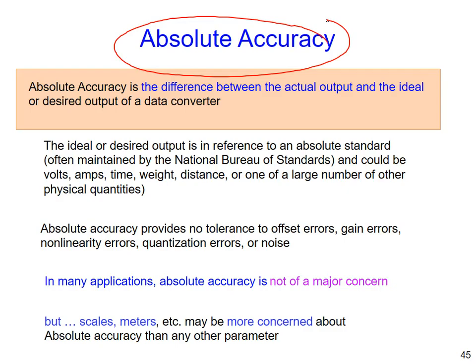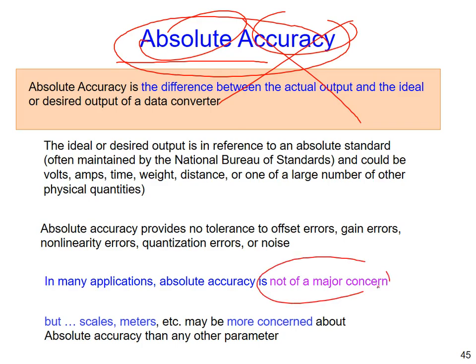So it means you will get a lot of problems with such absolute accuracy. New designers always hope that with the same input, never mind how many ADCs you fabricate, they get the same output. Forget about it, it's really hard. But again, absolute accuracy usually is not important, not a major concern.